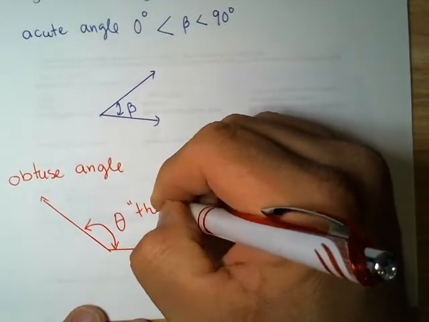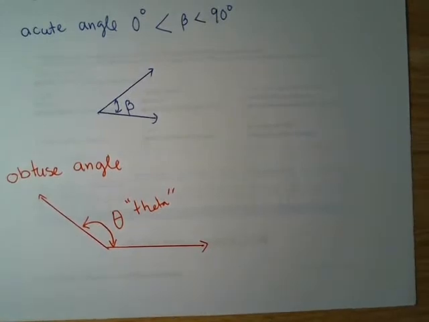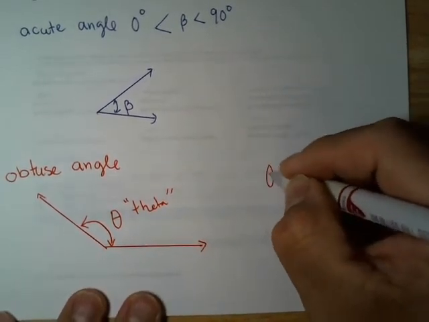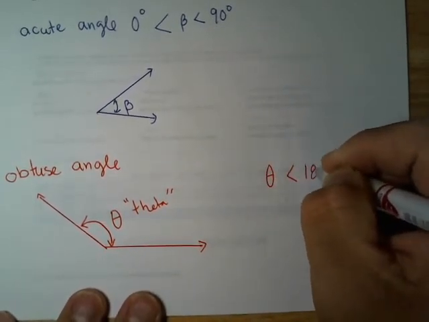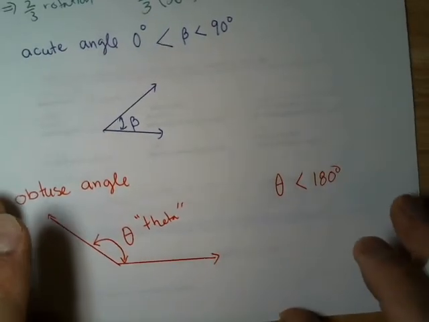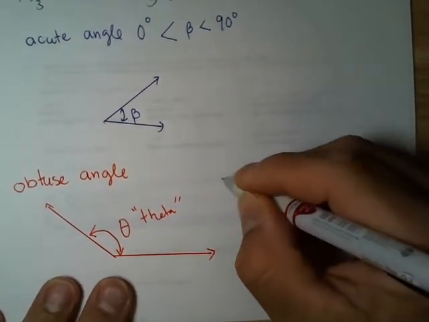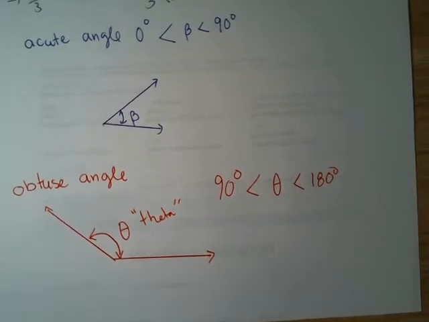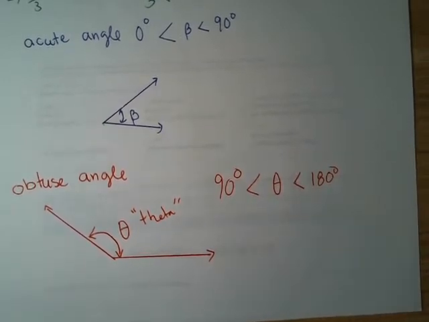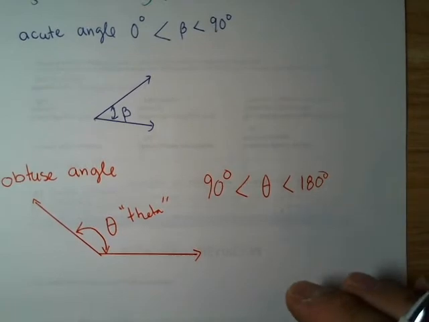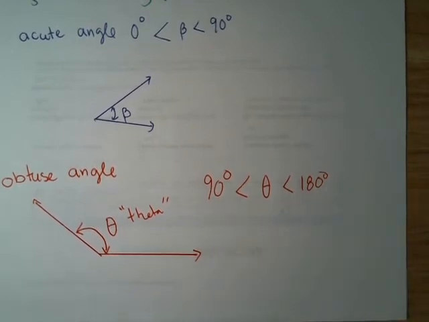This is the Greek letter theta. The property that an obtuse angle has is that it is less than 180 degrees, so not quite a straight angle, but bigger than a right angle, bigger than 90 degrees. So that is what we refer to as an obtuse angle. Just basic terminology when we're referring to angles.